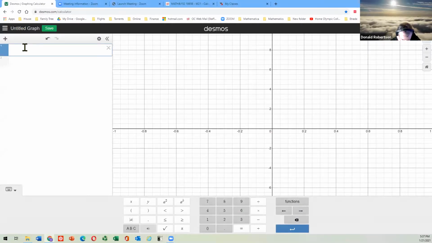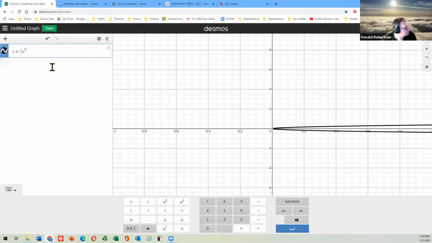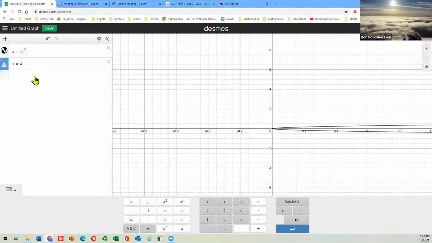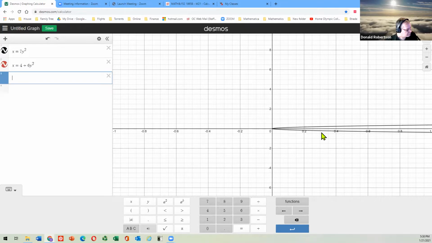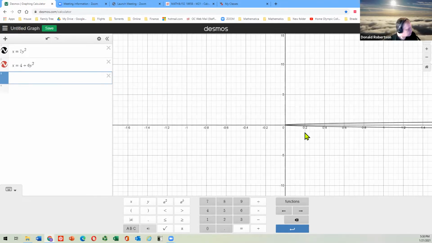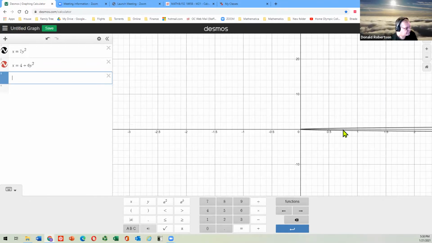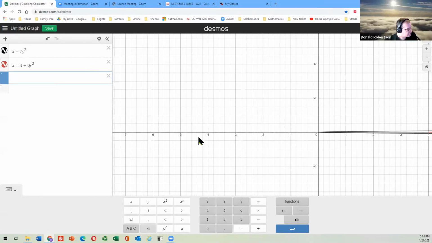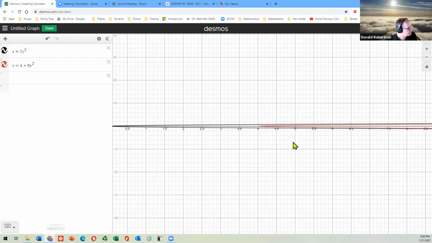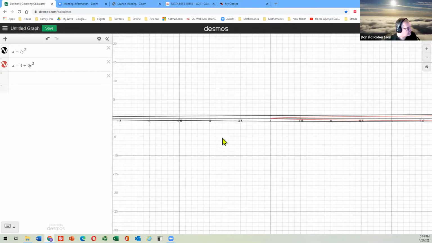The first curve was called x equals 7y squared. And the next curve is going to be called x equals 4 plus 6y squared. And I can't see those. Oh, there we are. They're over here with a horrible scale.